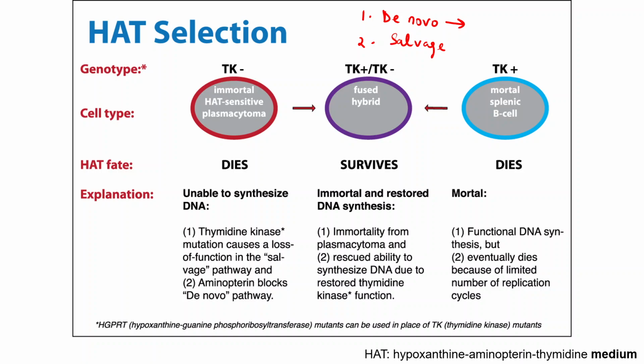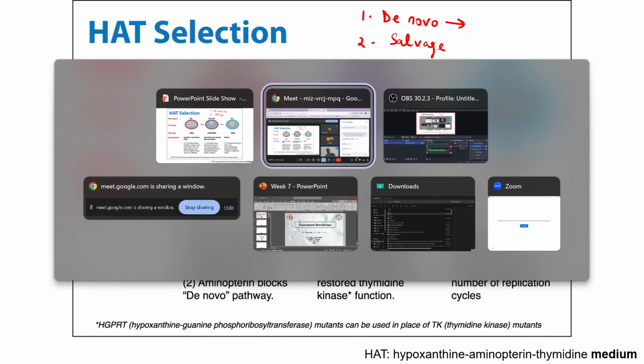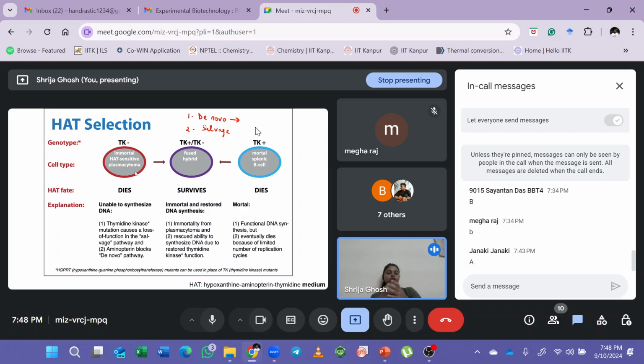immortal cells. So when we have the fused hybrid, where we have the myeloma cells and the spleen cells, the hybrid now has immortality, so it is not going to die, and it also has the salvage pathway that is naturally present in all the cells. So it can grow in the HAT medium where the de novo pathway is inhibited and the salvage pathway is there.